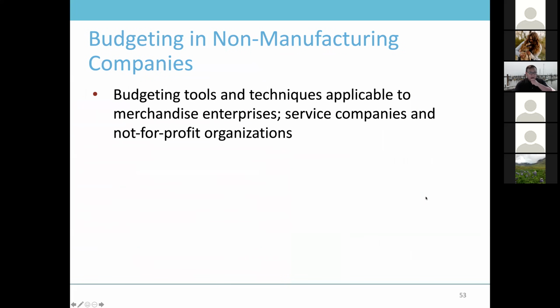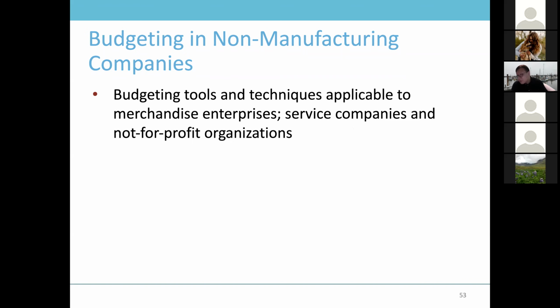Okay, so budget in non-manufacturing companies. Mostly we are talking about the merchandise, right? Let's say Superstore is not a manufacturing company. They are not making anything. They are just selling the merchandise, right? So the retail business. Service companies like accounting firms, lawyers. Not-for-profit organizations, maybe YMCA, some of the charitable organizations.